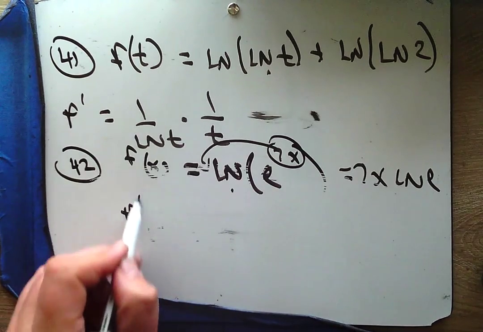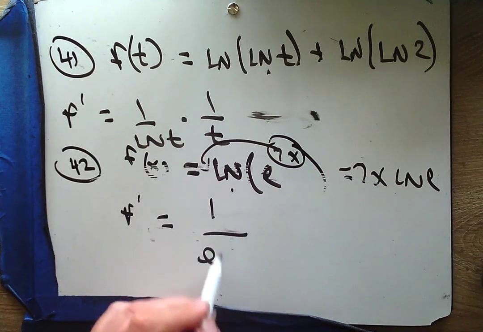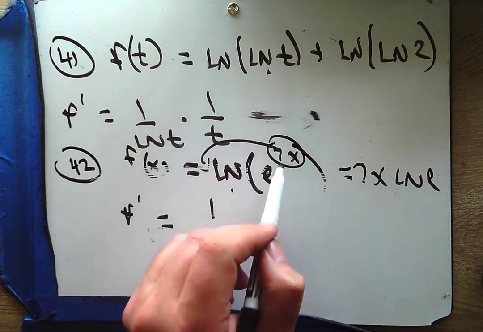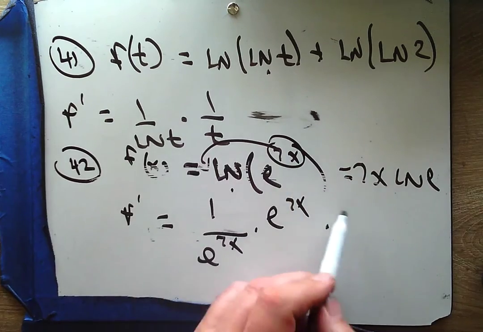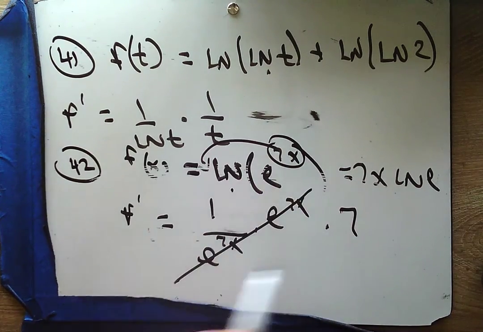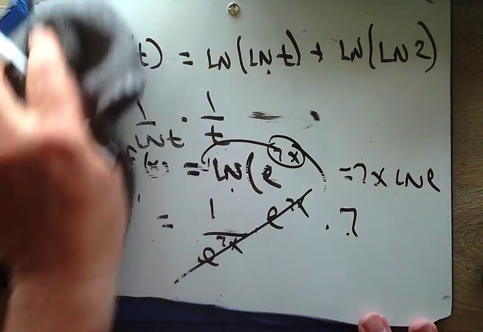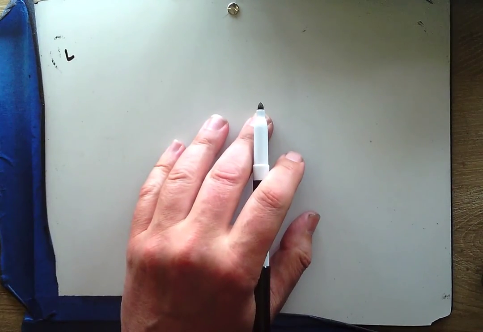So instead, you're going to have me do 1 over e to the 7x times the derivative of e to the 7x, which is itself, times the derivative of the inside function. These cancel. There's my 7. Okay. That was 42, so this must be 43.